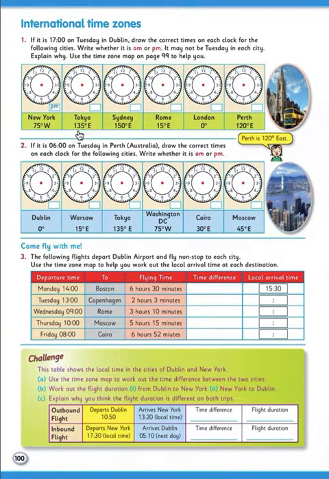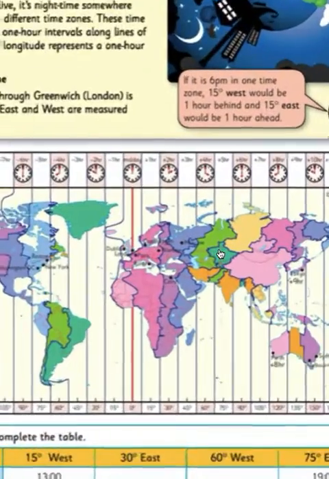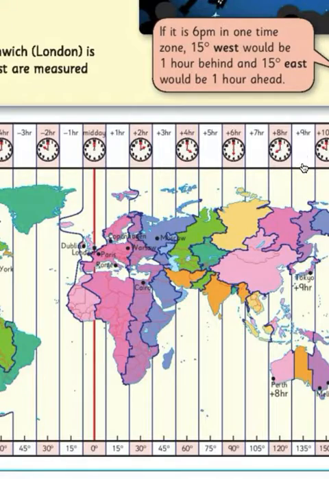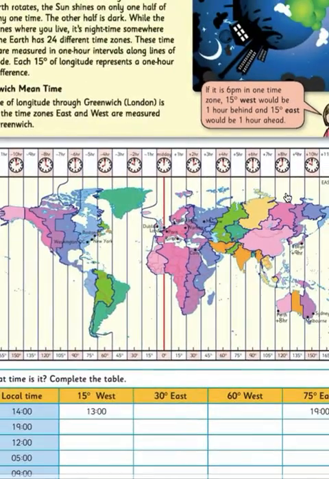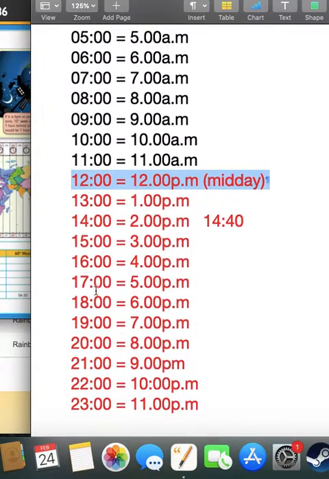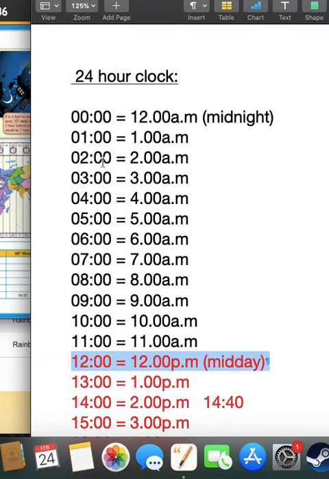Here in Tokyo, it's 135 degrees east. So again, I go to my page 99. Sorry, I've gone on to the next page by accident. I go to page 99. I find Tokyo, which is here, and it's 9 hours added on to the time. So if I know it's 5 o'clock, I'm adding on 9 hours. 1, 2, 3, 4, 5, 6, 7, 8, 9.